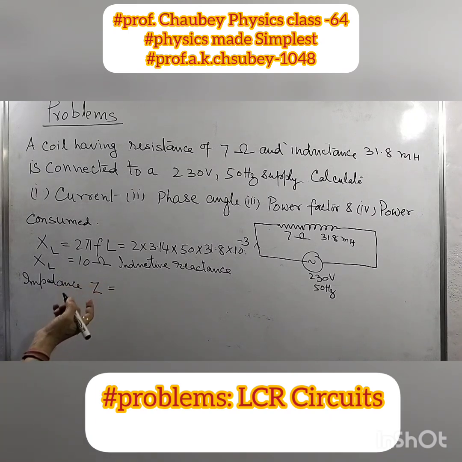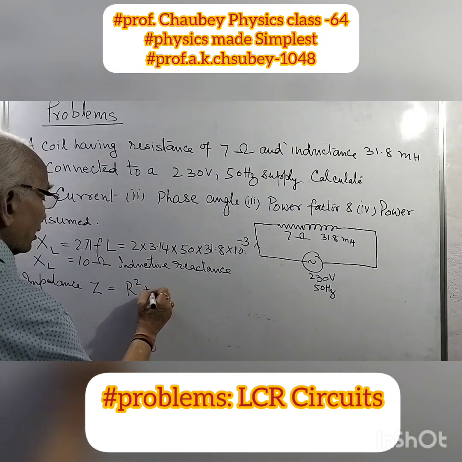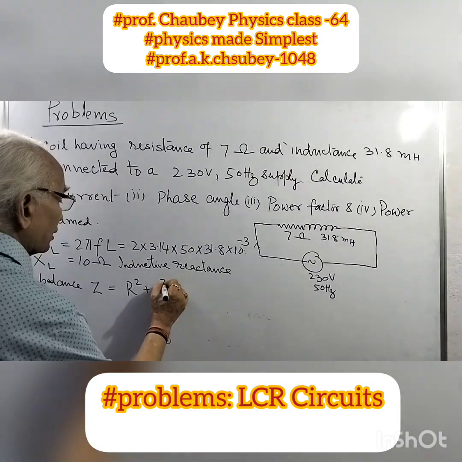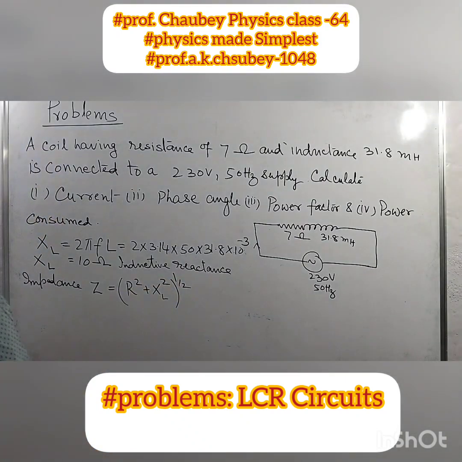And impedance, we know, Z is equal to under root of R square plus XL square. This we know is the impedance.